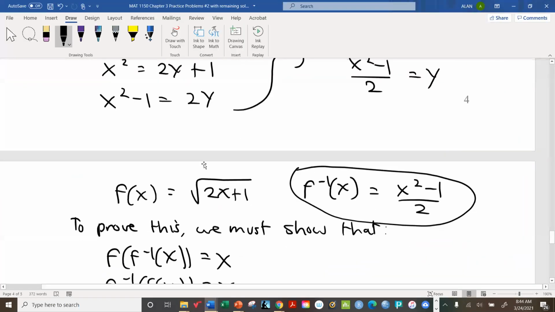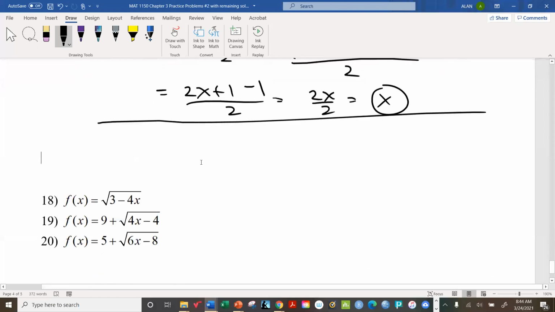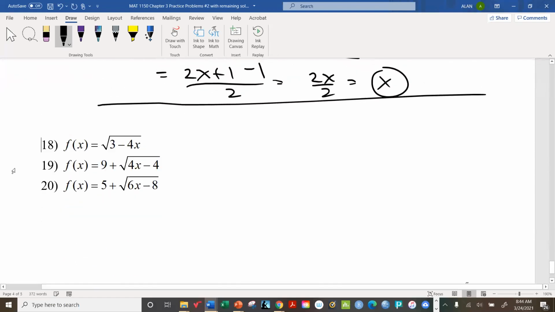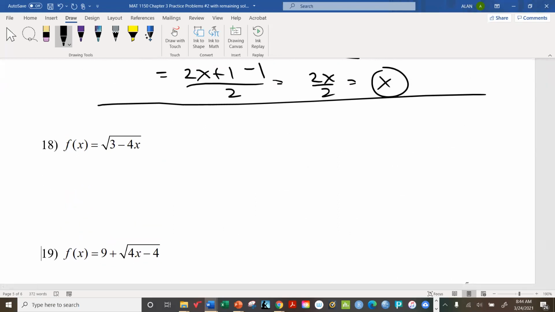All right, well, let's get the rest of them done. So once again, what are we doing here? First, rewrite it: y equals radical 3 minus 4x.